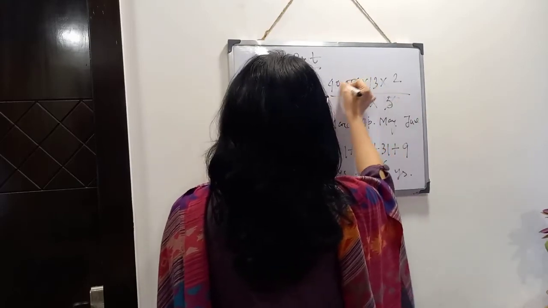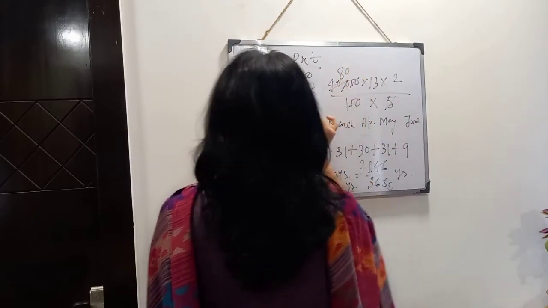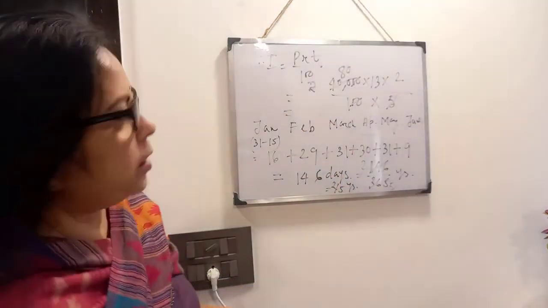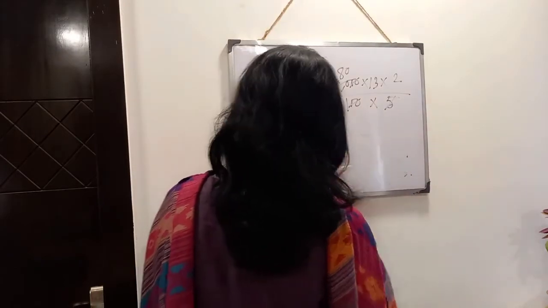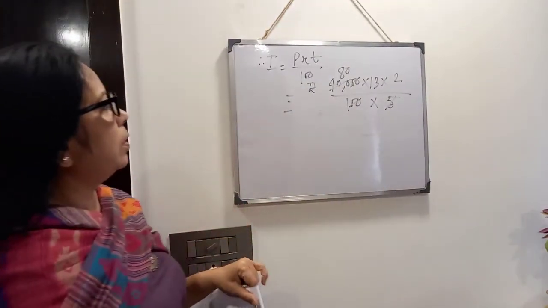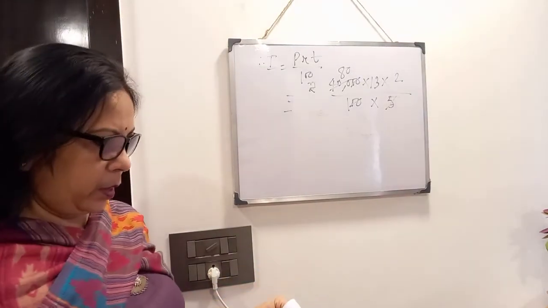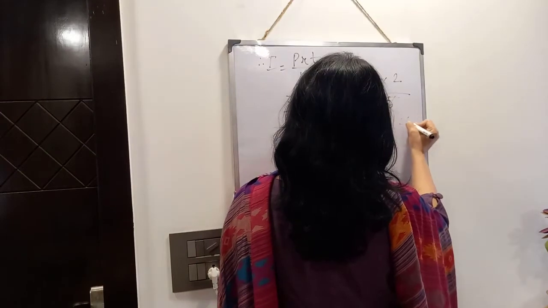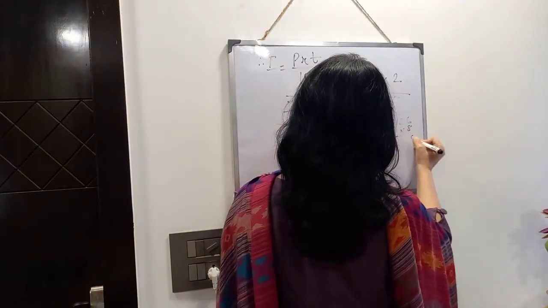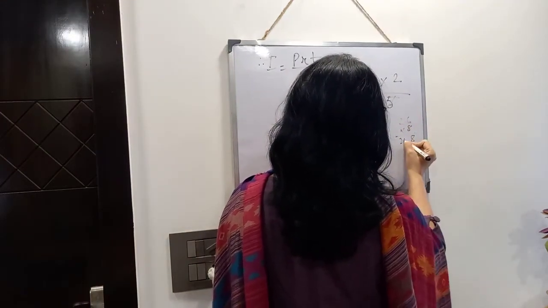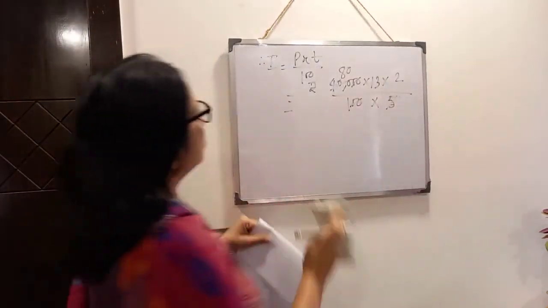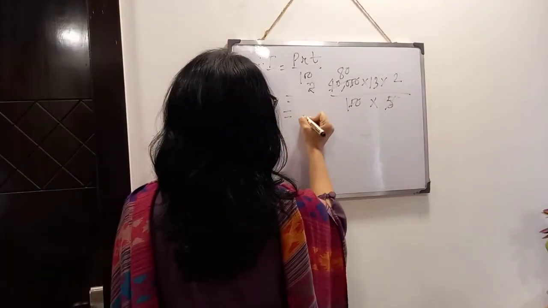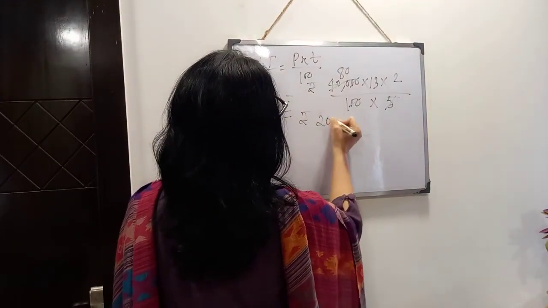Then 80 into 26, 26 into 80. After multiplication, it is coming rupees 2080.